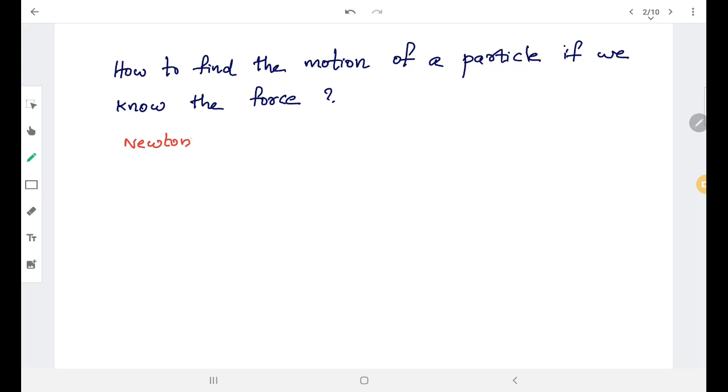Which law of Newton defines force? Newton's second law of motion gives the definition of force and an equation of force, how to measure force. We all know that F is equal to ma, where F is the force, m is the mass of the particle, and a is the acceleration.